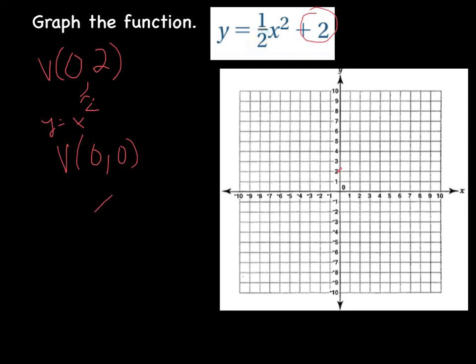So now let's pick some other values. We know we have 0, 2. Now, we talked about this. We've got a fraction as our coefficient. So what we want to do, remember, is we want to pick values for x that are multiples of 2 so that I won't have fractions for my y's. So when I put in x is 2, 2 squared is 4, half of that is 2, plus 2 gives me the point 2, 4. Okay?